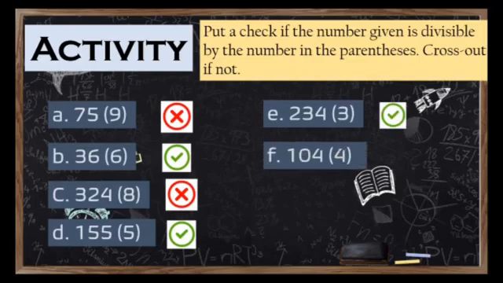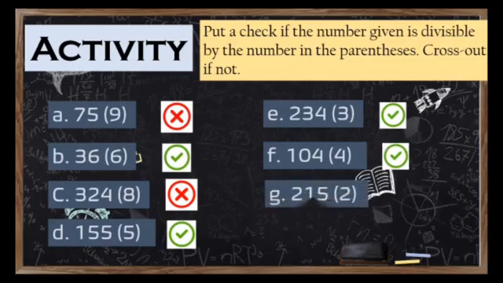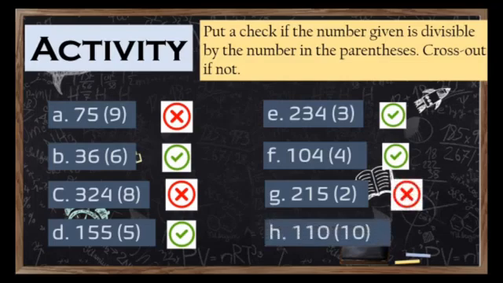Letter F. 104. Is it divisible by 4? The answer is yes. Letter G. 215. Is it divisible by 2? The answer is no. Letter H. 110. Is it divisible by 10?